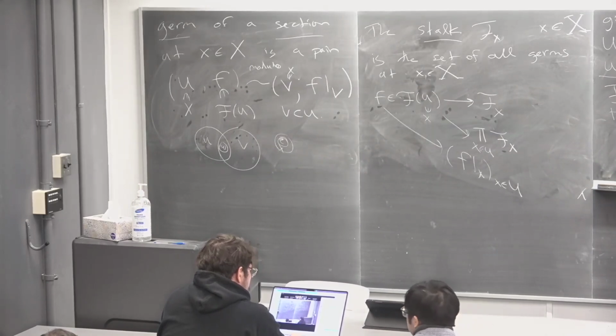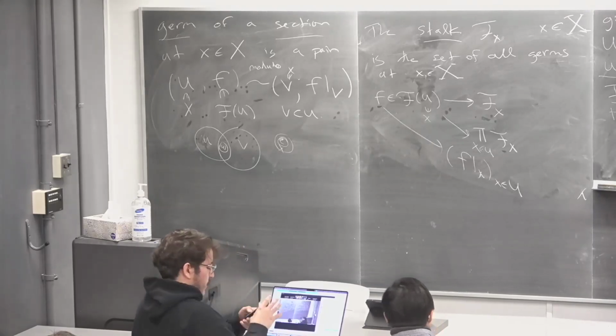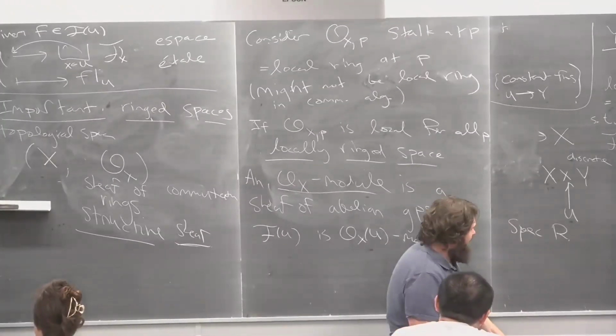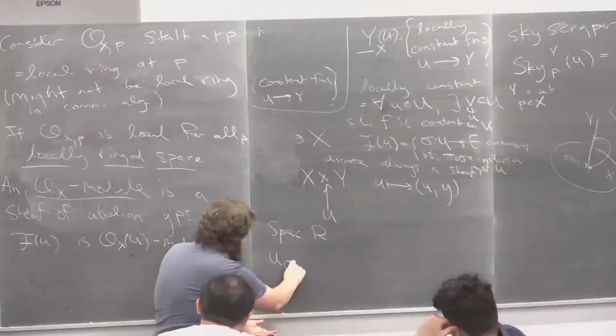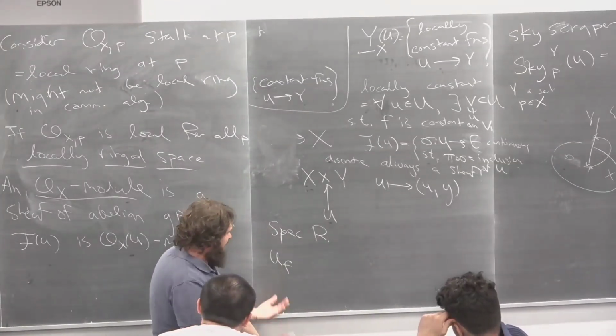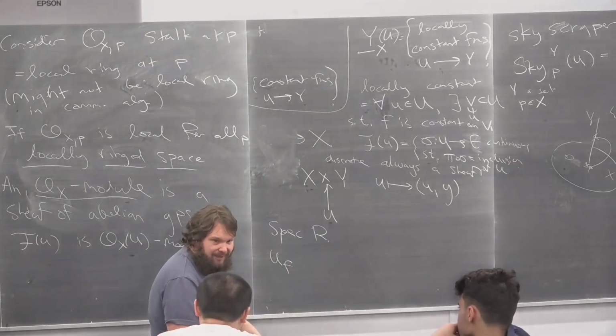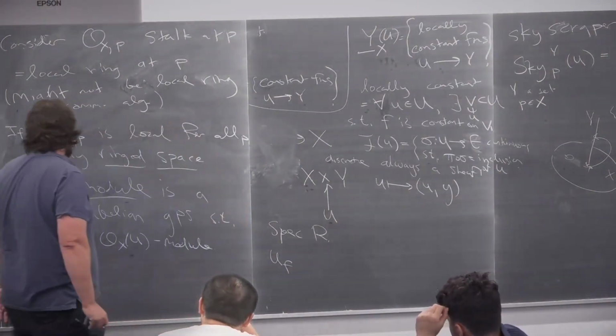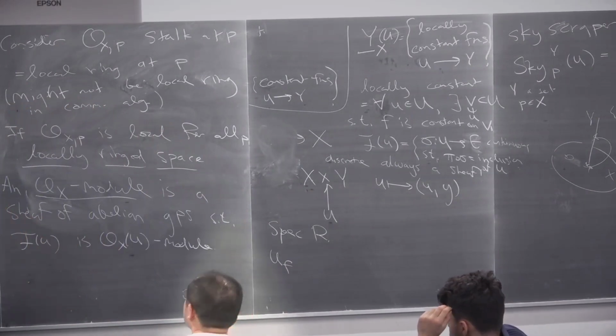Right? We're eventually going to be thinking about Spec R here, right? And then as we discussed last time, there are open sets, which are: take any element of R and require that to be non-zero. So what happens when I interpret this stalk condition there?